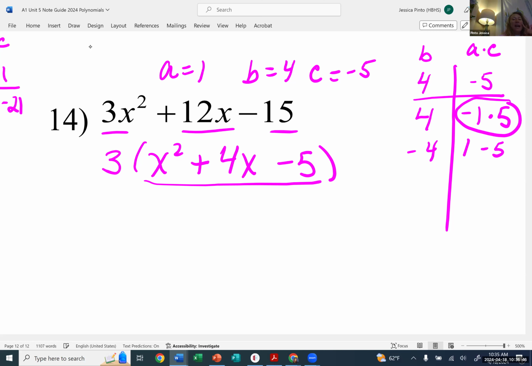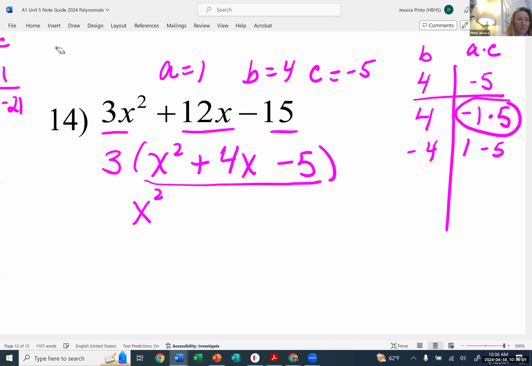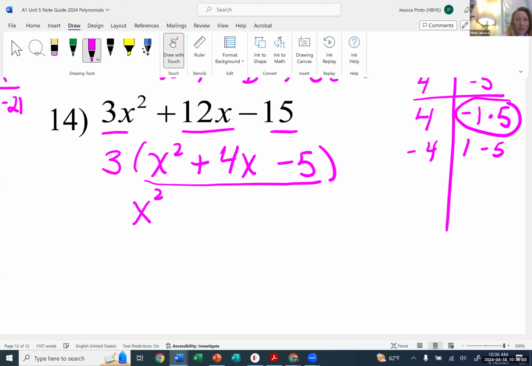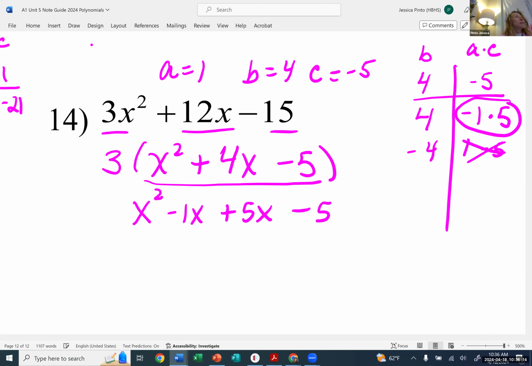But if you don't notice that, you can still do these ones with factoring by grouping, and I will show you how. We still write the x squared. Then I'm going to write minus 1x plus 5x. I want to cross this one out. And then minus 5. Then we do our factor by grouping.